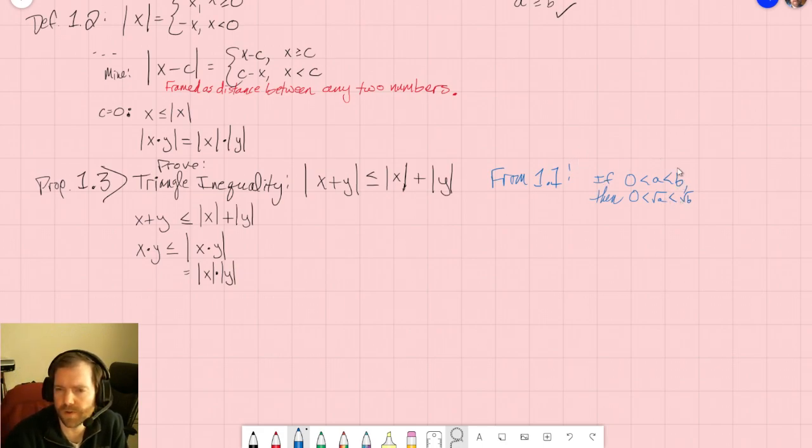So this was already proven: if 0 is less than a is less than b, then 0 is less than the square root of a is less than the square root of b.